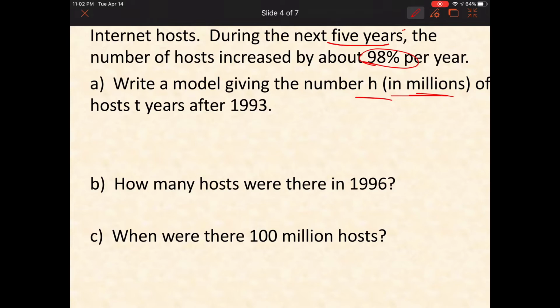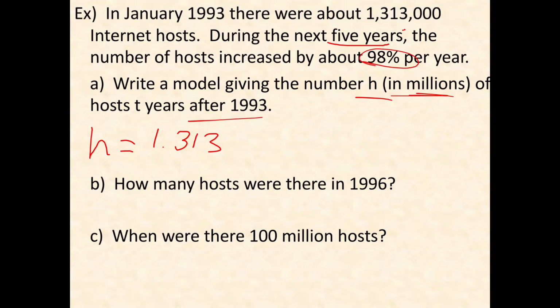Okay. So it says, write a model given the number h in millions, that's important, of the hosts in t years after 1993. So we know that we have h equals 1.313, like the lottery. You got your 3 million hosts, 1,313,000. That's 1.31 million.